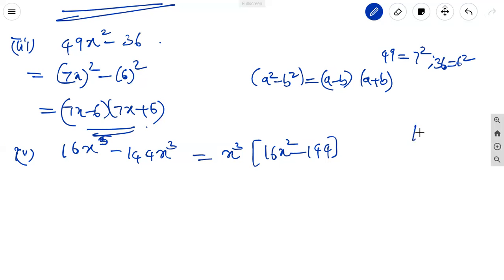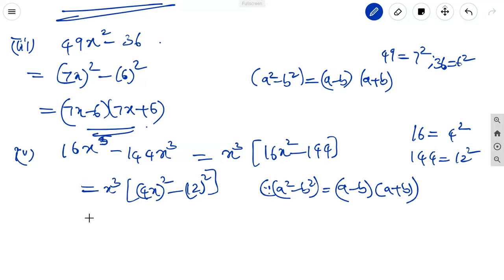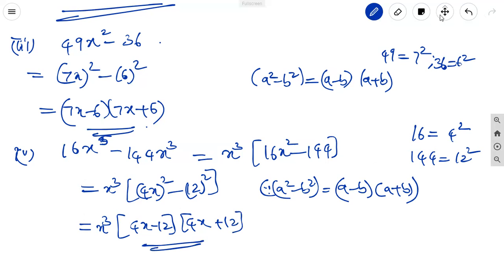And one more thing, 16 is a perfect square of 4 and 144 is the perfect square of 12. It is equal to x cube into (4x) whole square minus (12) whole square, which is in the form of a square minus b square equal to a minus b into a plus b. Split into factors: x cube into (4x minus 12) into (4x plus 12) are the factors.